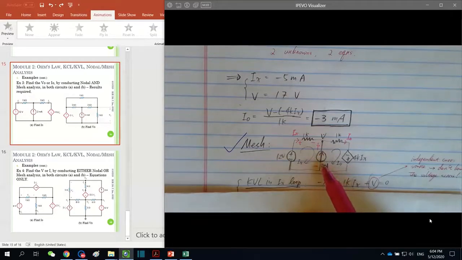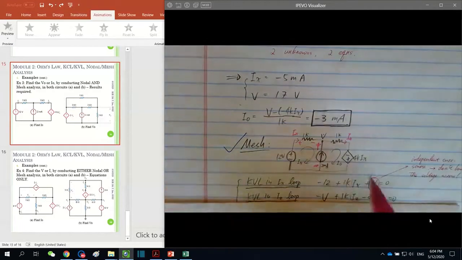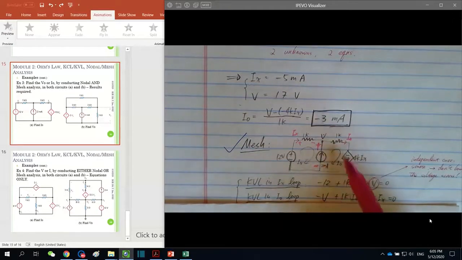Just like the independent voltage source, where we have no idea about the current through, here this is an independent current source, and we have no idea about the voltage across either. So inevitably, we assume a voltage across it as V with this polarity. And then this is the KVL. For mesh 2, we have this voltage again. However, because of the rotation direction, this is negative V now.